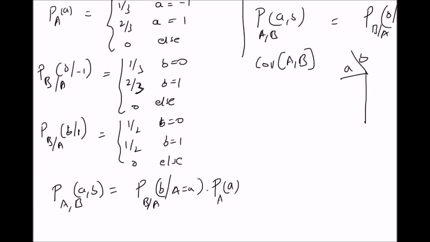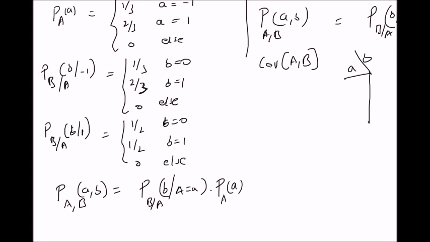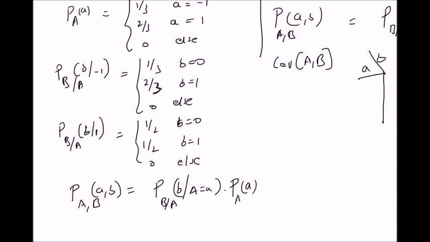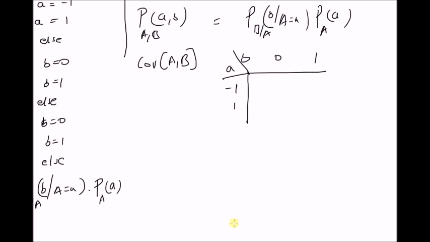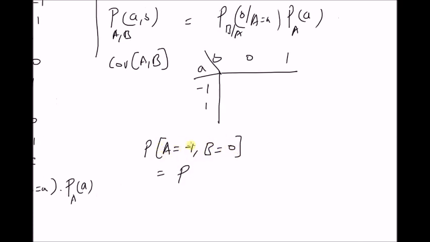From the definitions of marginal and conditional probabilities given, we can easily recognize that the range of values is -1 and +1 for A, and 0 and 1 for B. So for A equal to -1 and B equal to 0, the joint probability should be equal to the product of the conditional probability of B equal to 0 given A equal to -1, multiplied by the probability of A equal to -1.